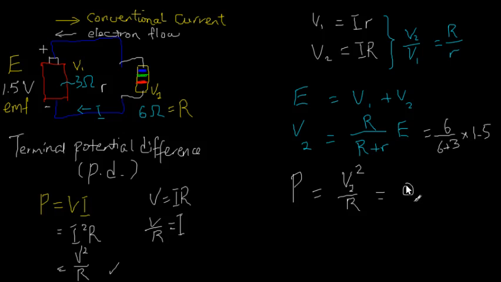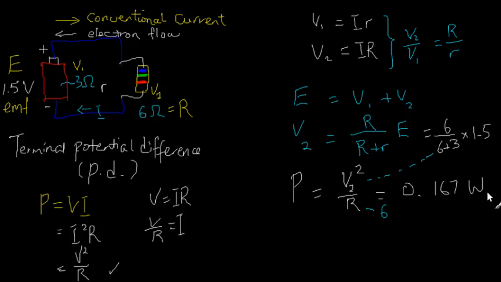The answer is 0.167 watts. That's the unit for power. Let me just make clear what I'm doing. The V2 comes from here, and the R comes from there, so the R here is the 6 ohms.